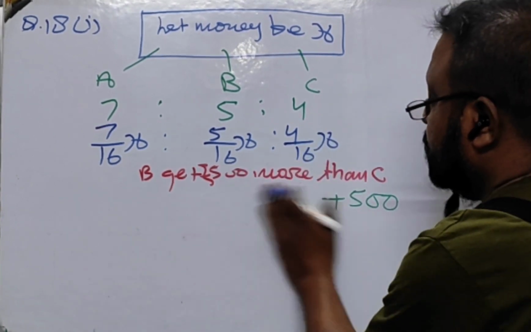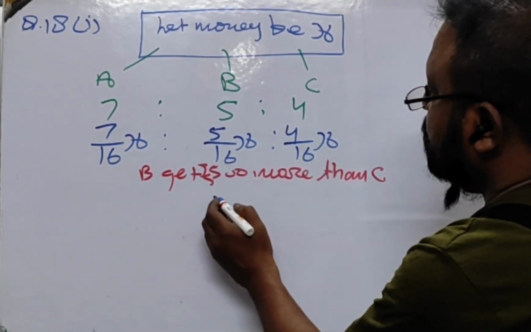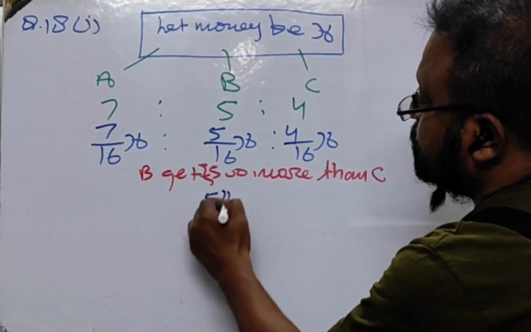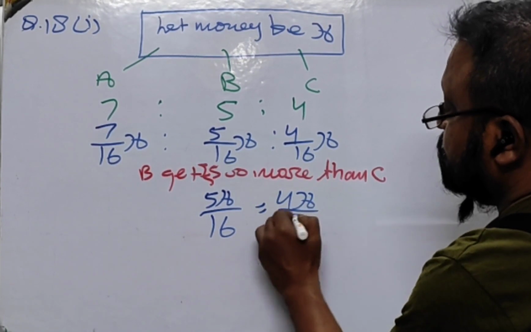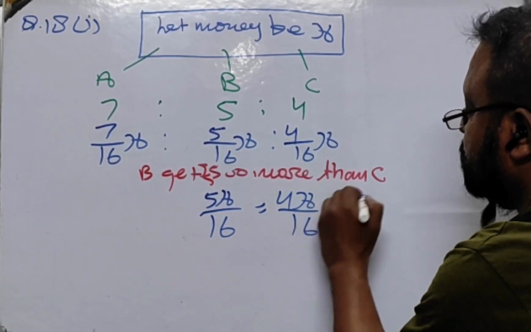Now if I write 5x upon 16 is equal to 4x upon 16 plus 500.